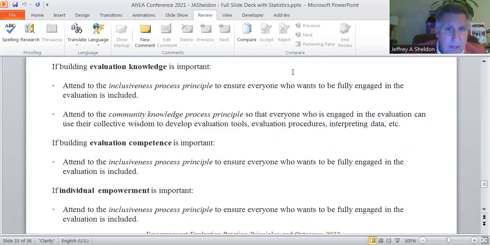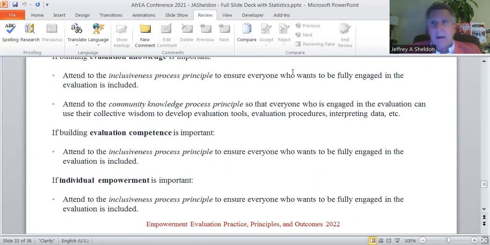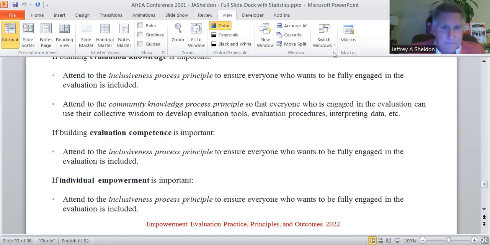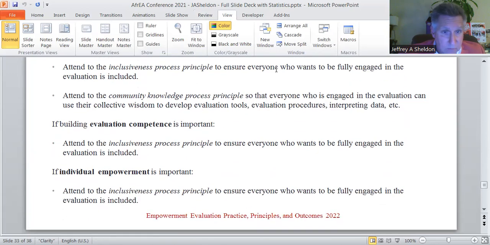The reason why these four, capacity, knowledge, competence, and individual empowerment, are highlighted is because those are the significant influences that resulted from the multiple regression analysis. You can go back and look at the slides, but those are the significant findings. And you look at it, it's really inclusiveness that is significant about this.